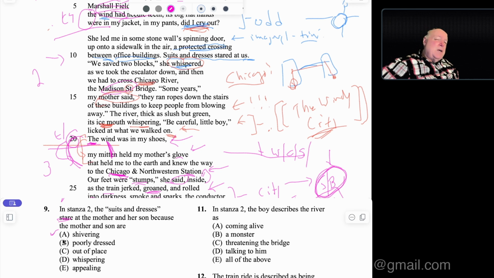It just doesn't seem to be a good answer, but let's look at the others. They were poorly dressed. Now, being in street clothes is not the same as poorly dressed. You could say, well, because the other people were in suits and ties and dresses, they were poorly dressed compared to the other people. So, all right, let's keep it in and we'll fight that out at the end.